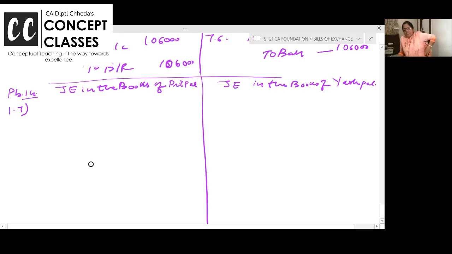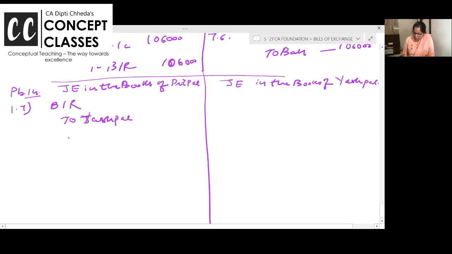Okay, let us start with the very first entry very quickly. Yashpal owed money to Pritpal and hence accepted 2 bills, which are drawn by Pritpal. So bills receivable account debit to Yashpal, 4850 into 2.